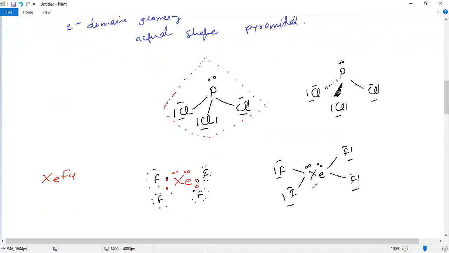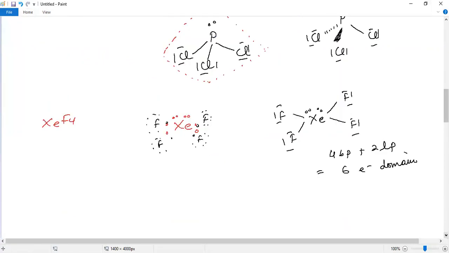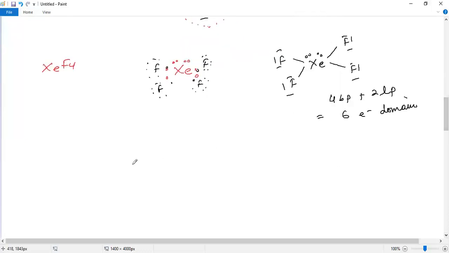All right, let's count the domains. Xenon is the central atom here and it has 1, 2, 3, 4 bonding pairs plus 2 lone pairs. The total makes it 6 electron domains. Based upon the number of electron domains, 6 refers to a regular octahedral structure.